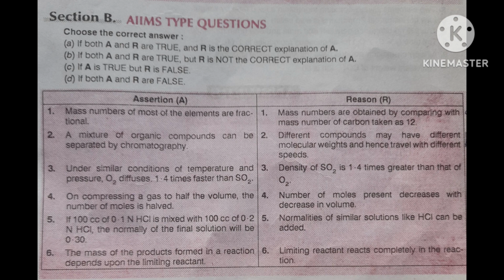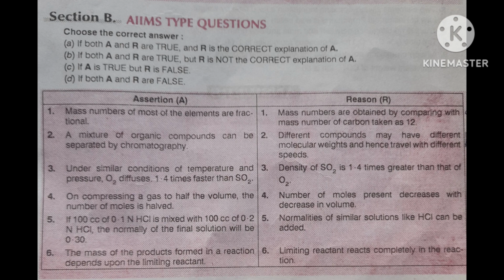And the reasoning, one should understand: normality is not only added. N1V1 plus N2V2 is equal to N3V3. This is correct. Only normality is not added; normality into volume is added.